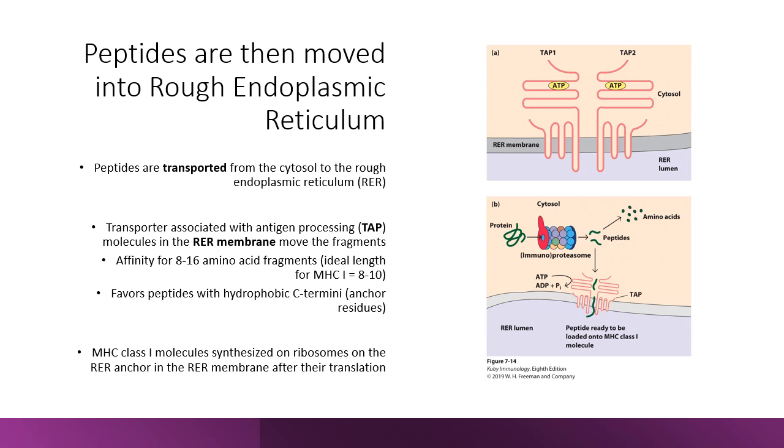And it favors peptides that have hydrophobic C-terminal ends. So this is important because these form the anchor residues at position number 9 for MHC1 in particular.